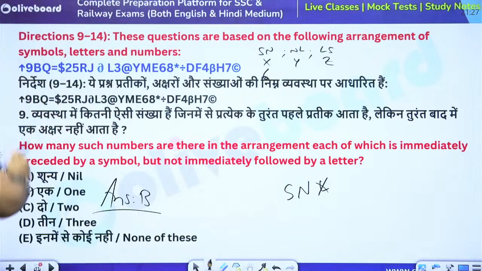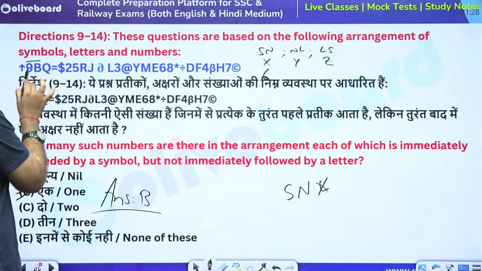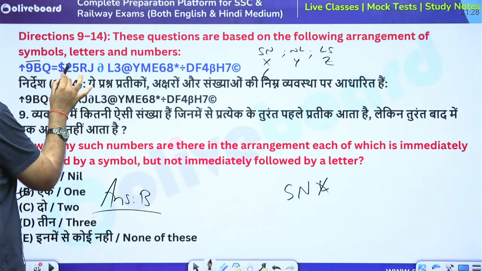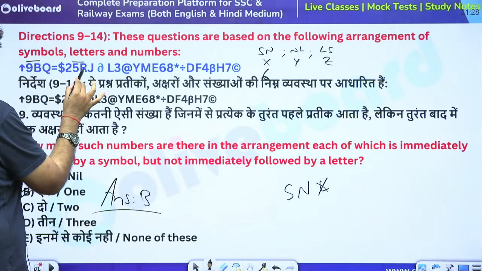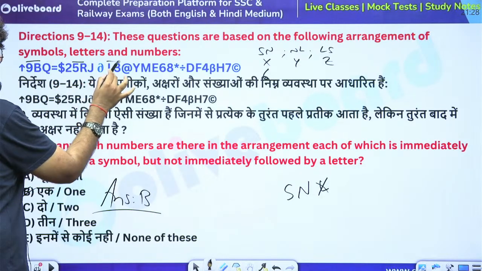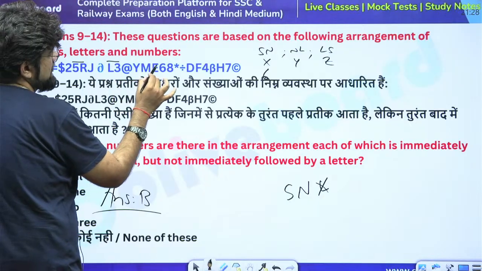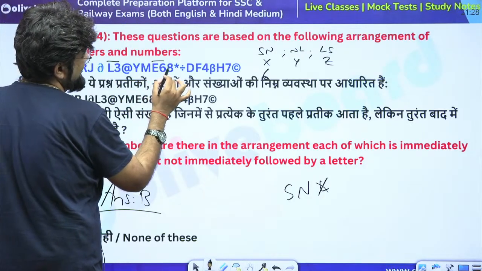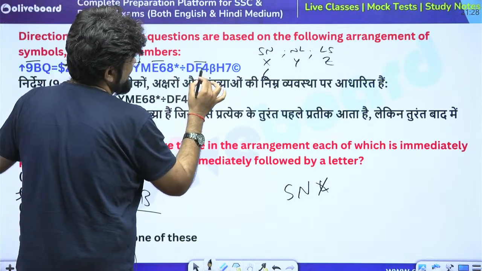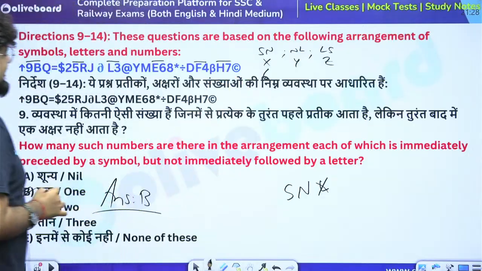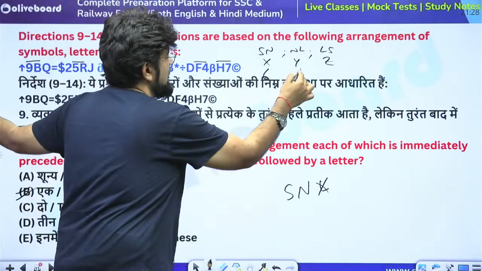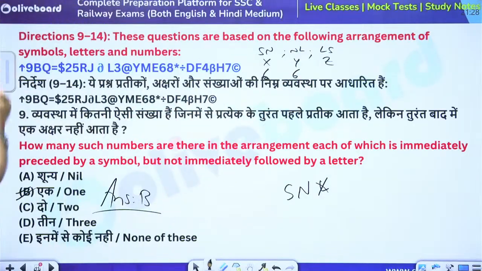Now for Y, check for number letter. Number letter, number letter, letter number, letter number, letter number, letter number. 6 again.